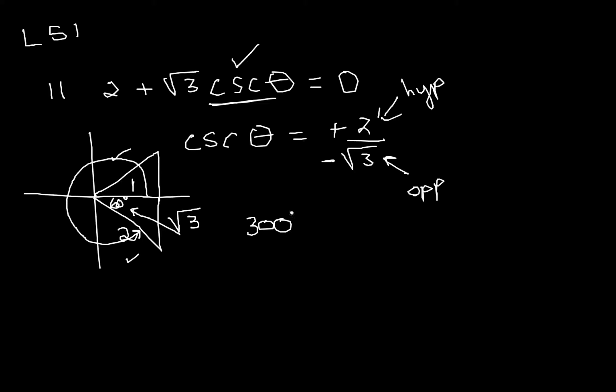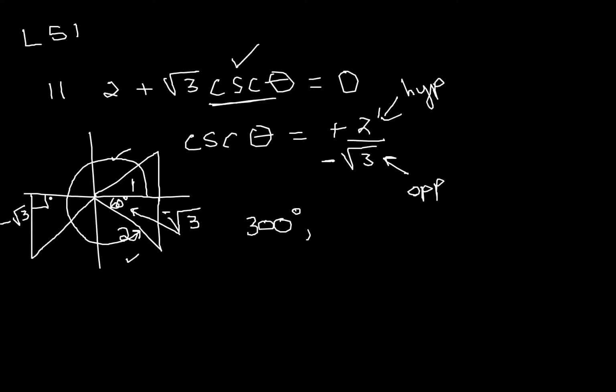This is going to be negative square root of 3. And the other quadrant that it could be in is this one, because you would also have negative square root of 3 down here.